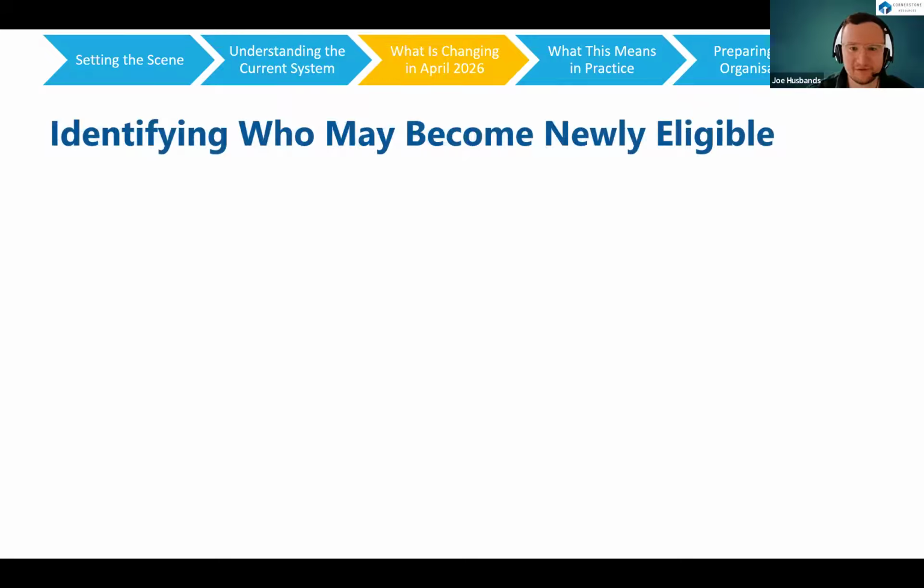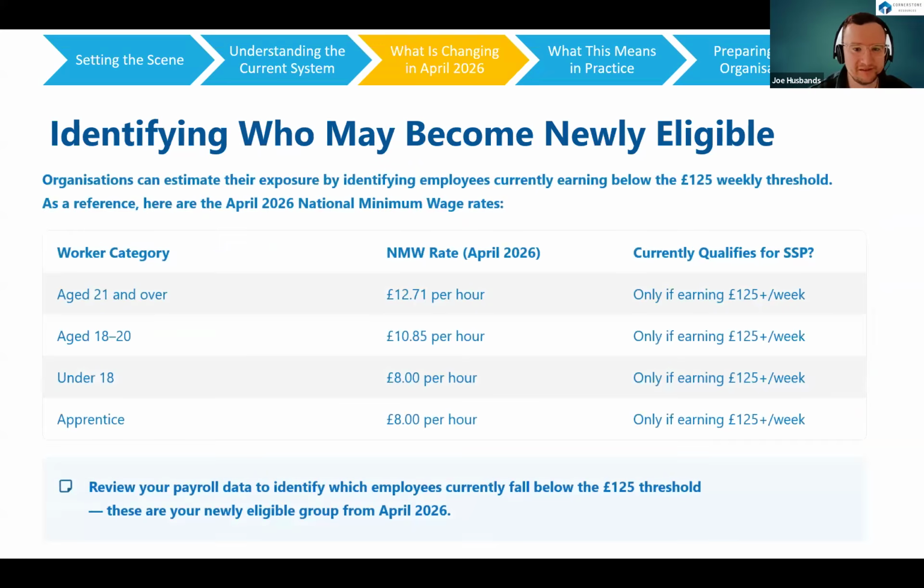One practical step organizations can take is to estimate their potential exposure to this change based on what I've just discussed. A useful starting point is to identify employees who currently earn below the £125 weekly threshold. Those employees are the group most likely to become newly eligible for SSP once the earnings threshold is removed.